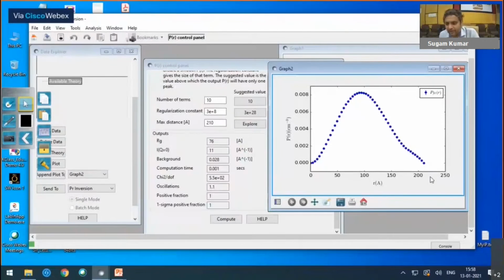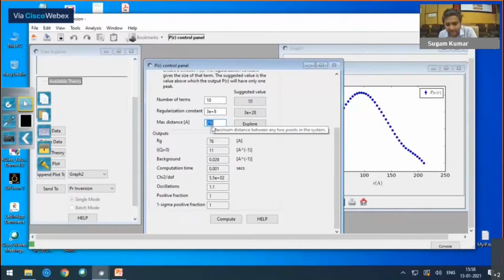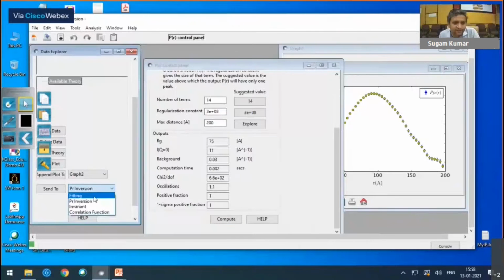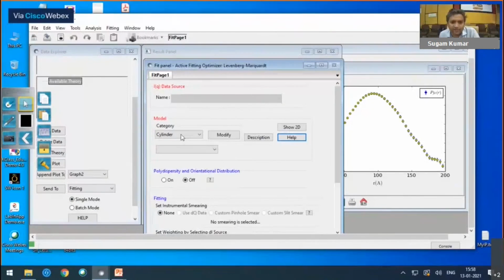It's showing that no particle is more than 210, so maybe 200 was better. So this is the P of R with an RG of around 75. If you calculate the mean radius, it will be roughly equal. So what we get. If I send it to fitting, it will go to fitting. Which category?